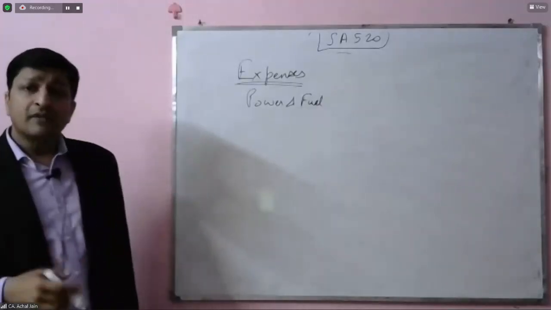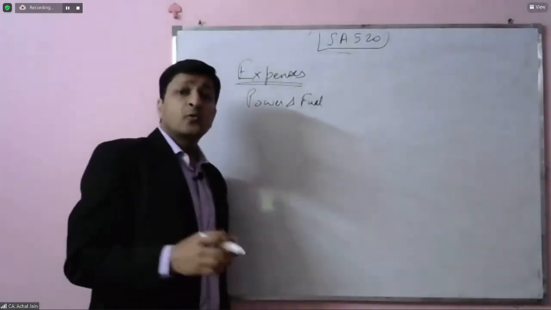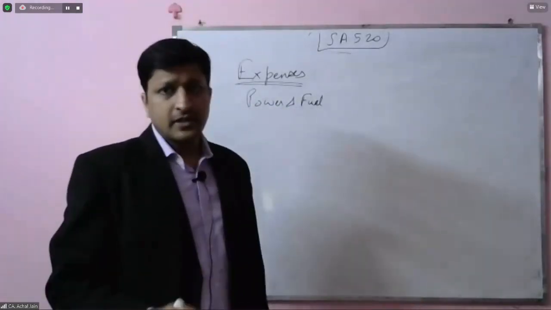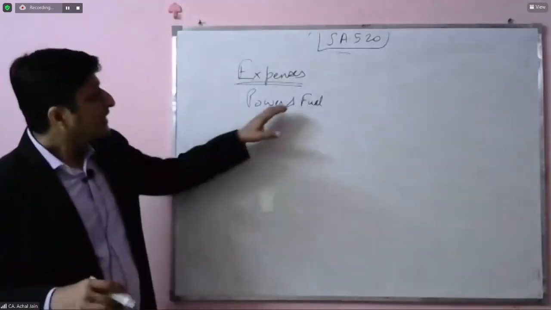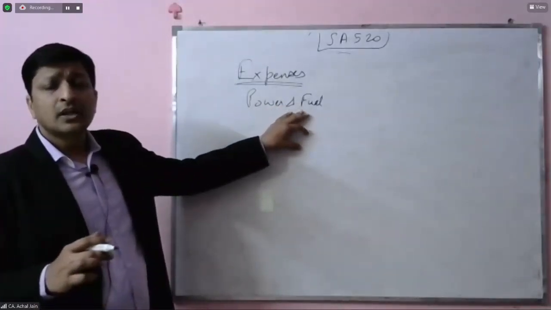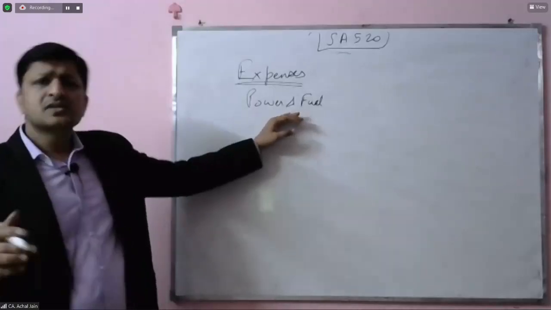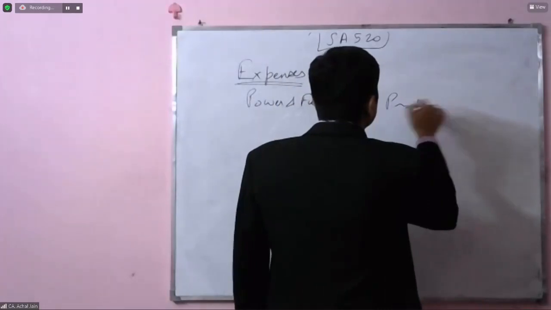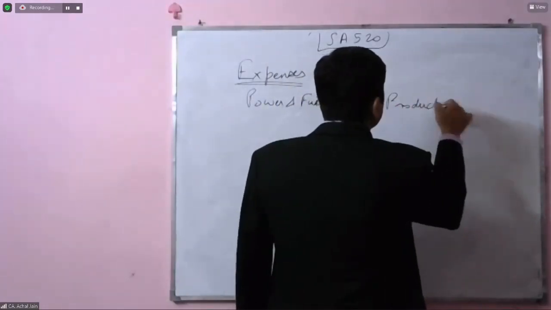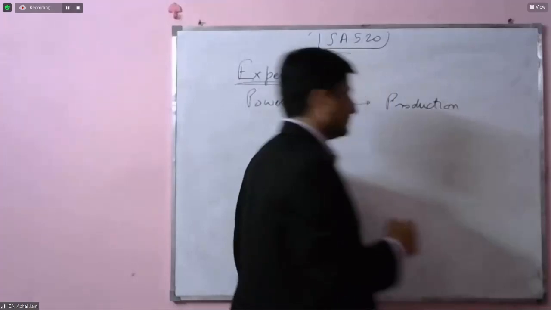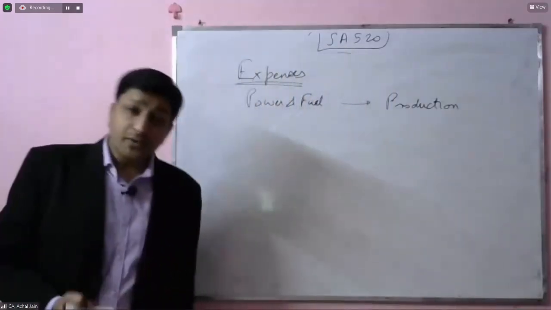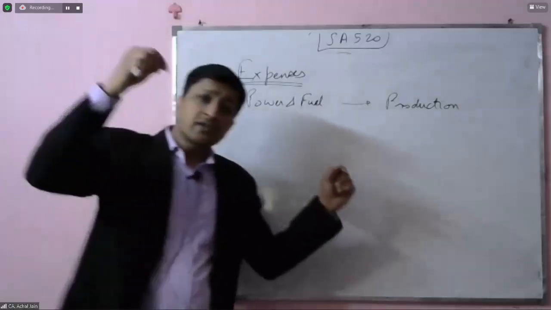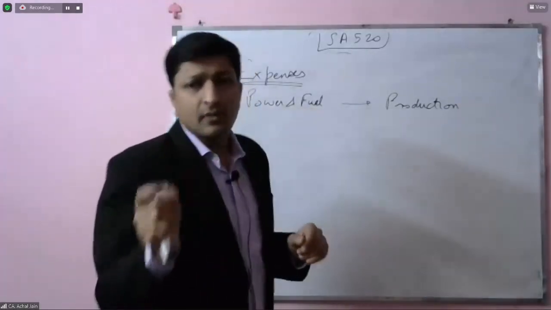Now as around power and fuel, there could be an understanding which the auditor may want to obtain first of all. And what's that? That this expenditure has got some direct linkage to the production. So that means if the production will increase, then this expenditure will increase. And if the production will go down, then this expenditure will also go down.